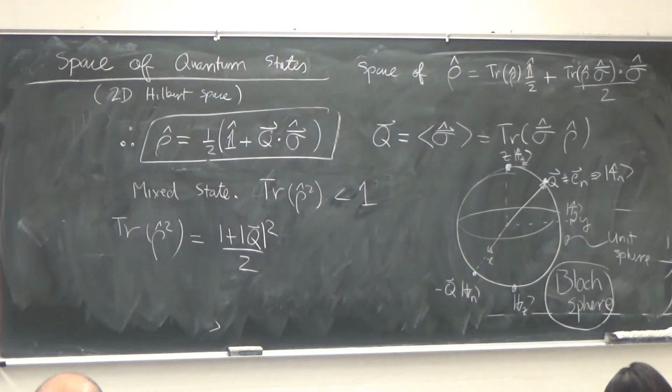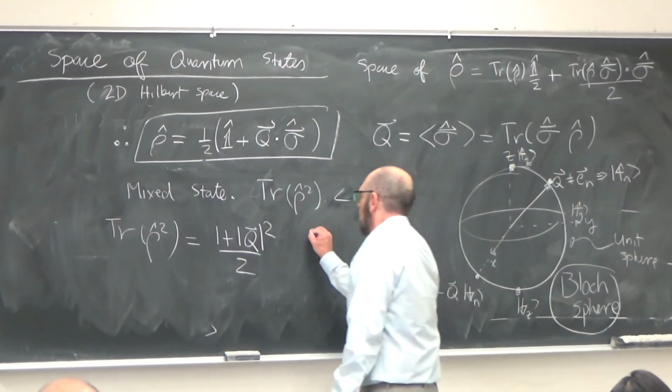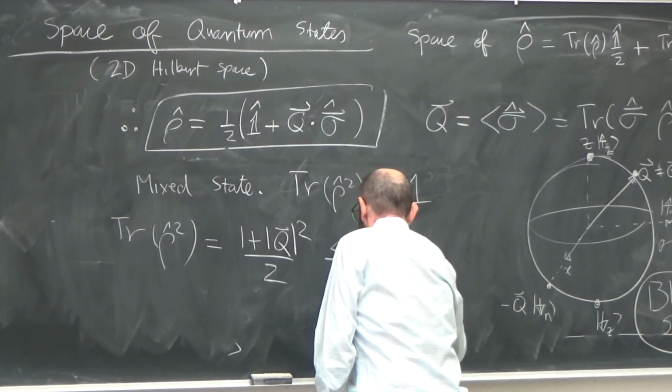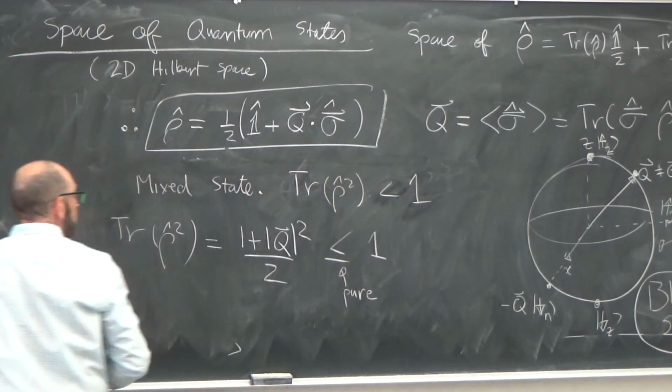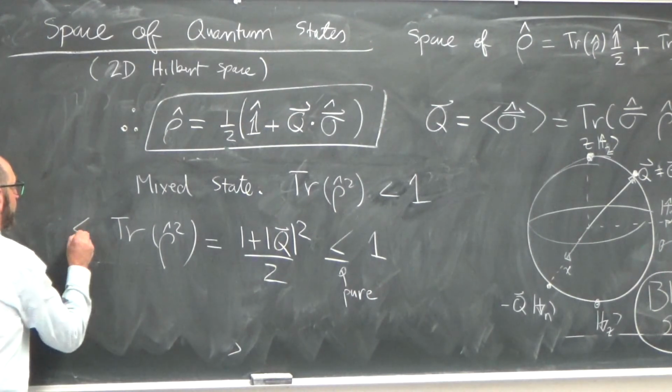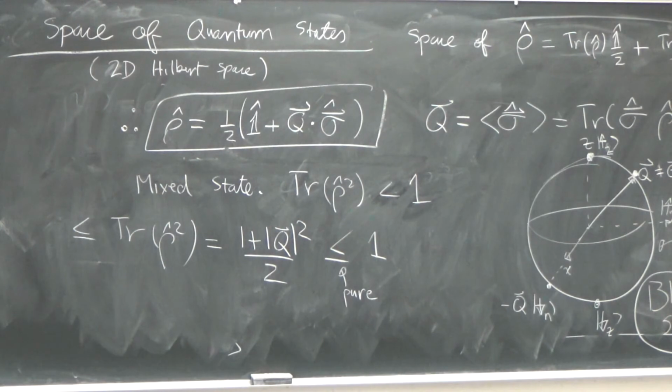I am using exactly the same trick that I used before. And what's the minimum value this can be? Trace of rho squared: 1 over the dimension, which is 2 in this case.